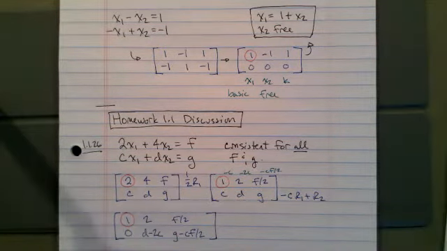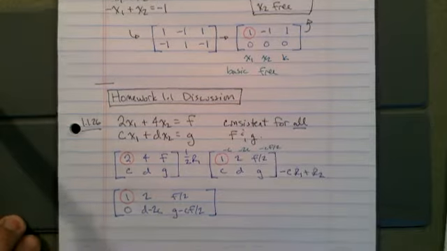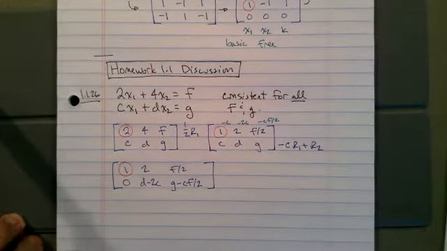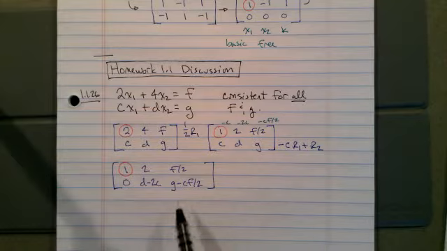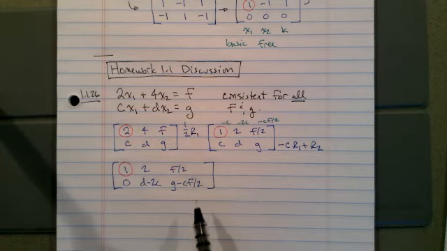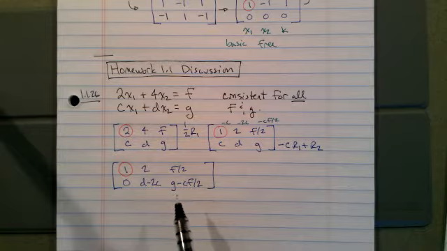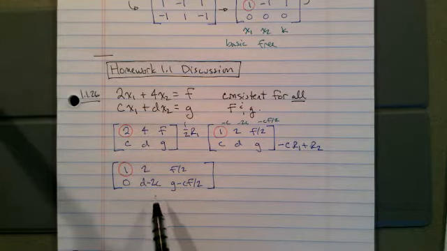So we're told that this linear system is consistent for all values of f and g. It might be the case that g minus cf over 2 is not 0. If g minus cf over 2 is not 0, then to be consistent, d minus 2c can also not be 0.